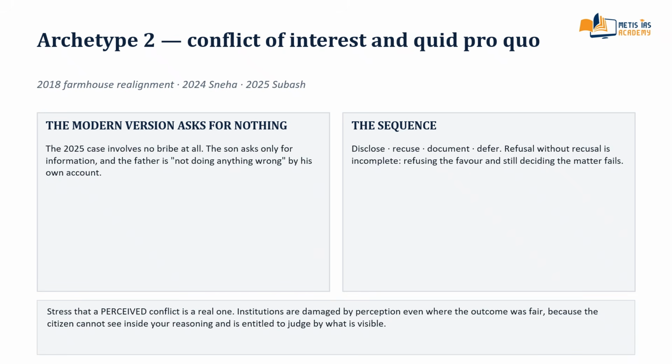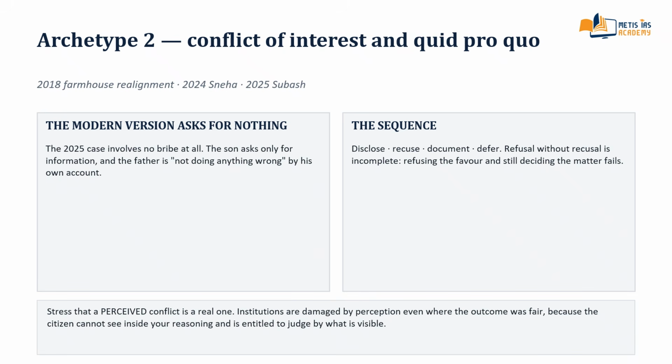Options: comply quietly, legal veneer, unethical and unworkable because it makes you permanently blackmailable; refuse but say nothing, better, but it leaves the proposal alive for your successor; refuse, disclose, recuse, document, escalate, the sequence from unit 7. Then decline, record the approach in writing, recuse yourself from the conflicted matter, refer to the neutral authority. Legal, ethical, workable, choose.